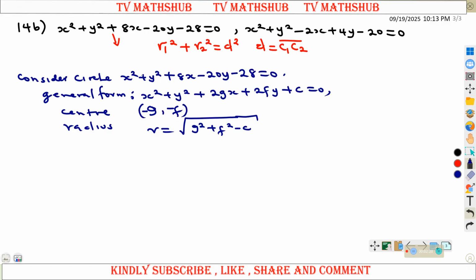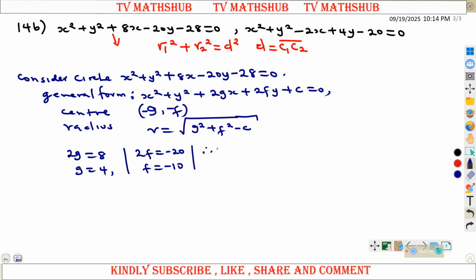So let us see how best we can get the center first. You realize that 2g is in position for 8. So 2g is equal to 8, and g becomes 4. Likewise, 2f is in position for negative 20, and f is negative 10. So what does this one mean?